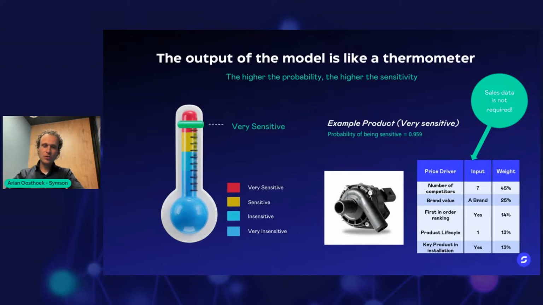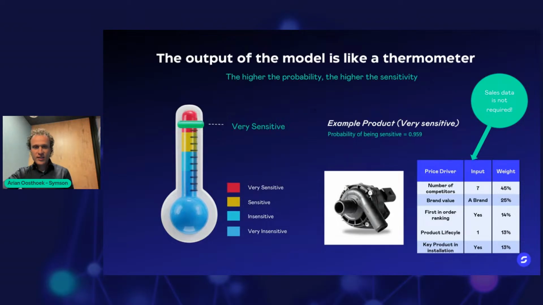The big advantage of this methodology is that we don't always need full and complete sales data to test this methodology. Because, for example, brand value is already an existing product attribute of your product, life cycle as well, key product as well.